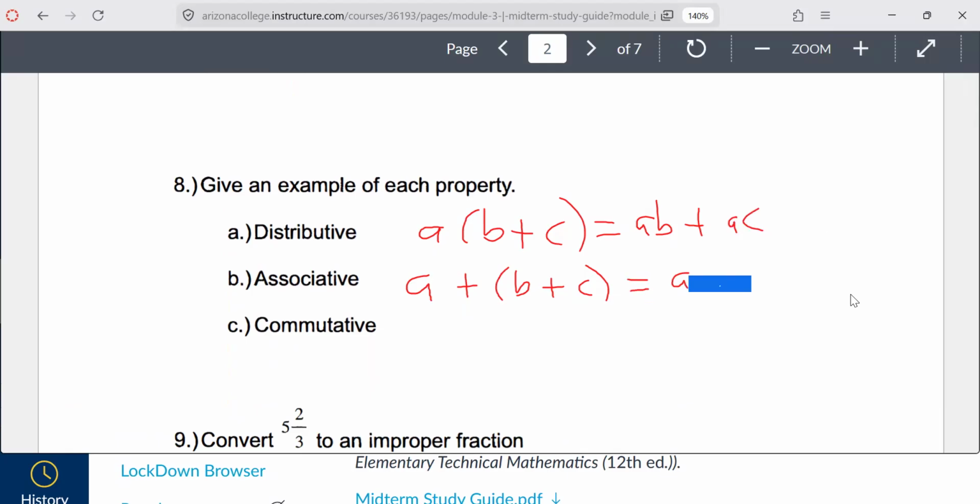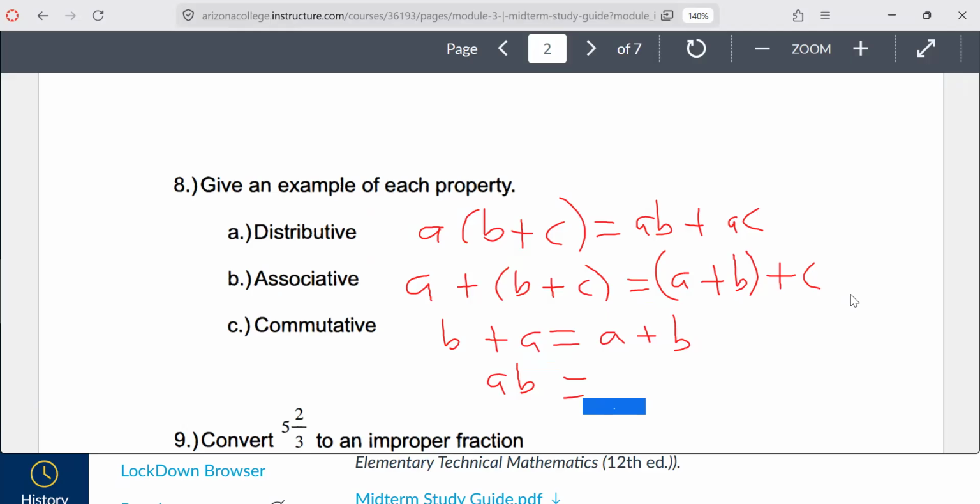Associative, A plus B plus C. And then commutative, you have A plus B is equal to B plus A, or A times B is equal to B times A. So these are the examples that you have to remember.